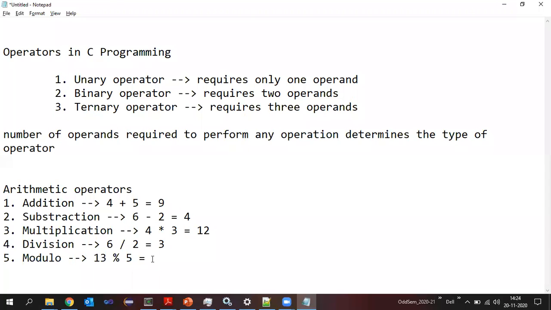Now tell me what will be the value of this operation, 13 modulo 5. Someone said some number. Can you repeat it? 3, sir. You said 3. Okay. Anybody else?